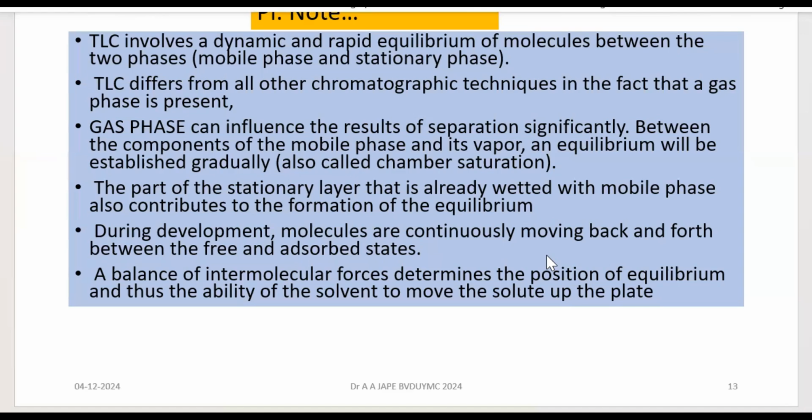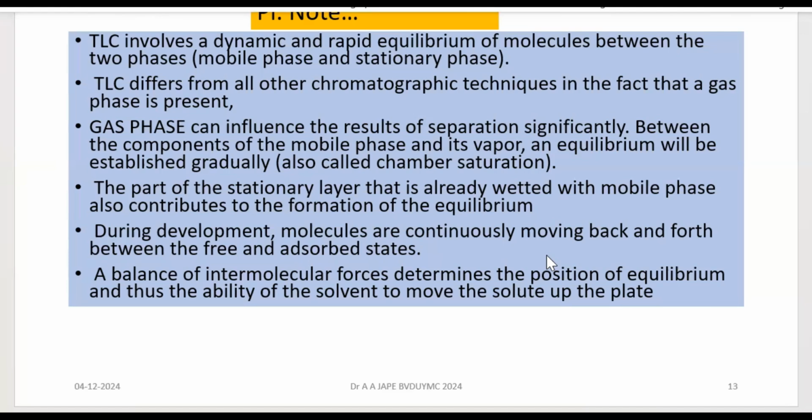So it is very important to choose the right solvent system, fill it in the chromatography chamber, and close the chamber properly so that the vapor phase is saturating the chamber properly and uniformly.